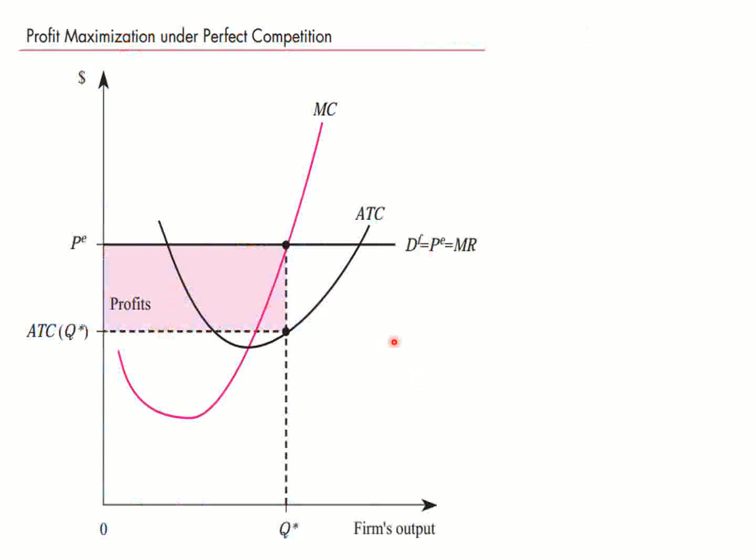Let's look at this graph. This is the marginal cost curve for the firm's output, and this one is the average total cost. You know that total cost can be calculated as fixed cost plus variable cost, and this is the average total cost. Since it is a firm in a perfectly competitive market, this is the demand curve, equal to the price of the market, equal to marginal revenue, equal to marginal cost.